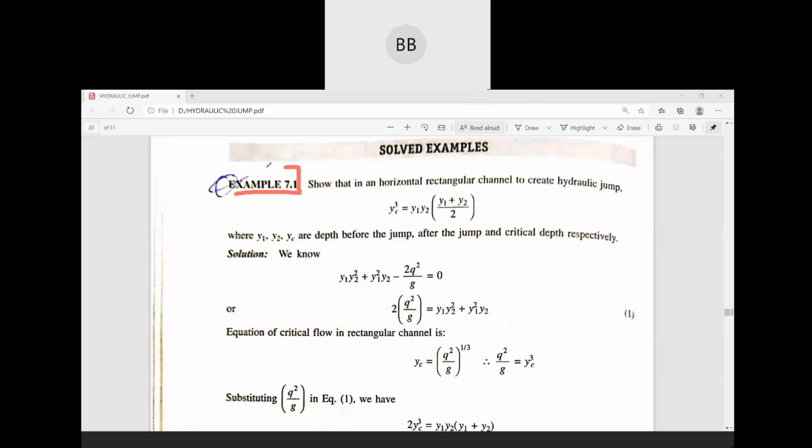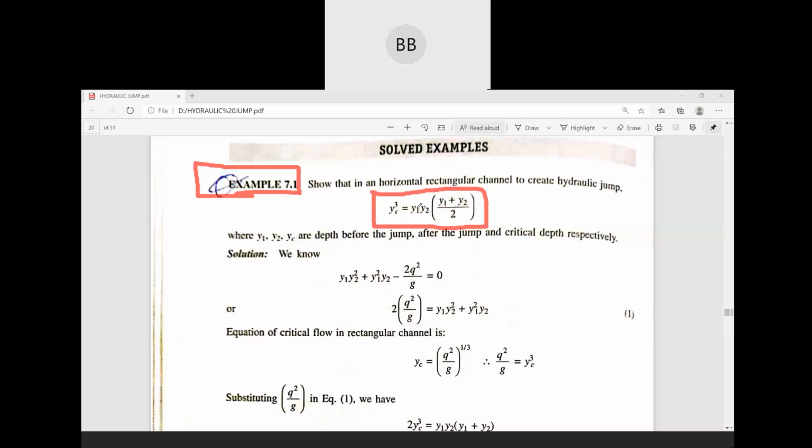Okay, 7.1. So we have to prove for a horizontal rectangular channel to create a hydraulic jump, this satisfies, that is yc cube is equal to y1 y2 multiplied by (y1 plus y2) divided by 2.